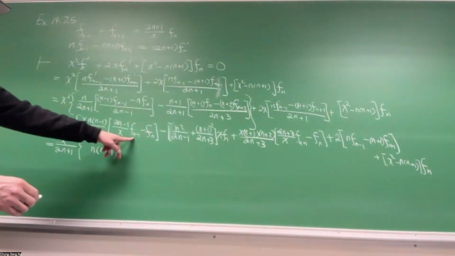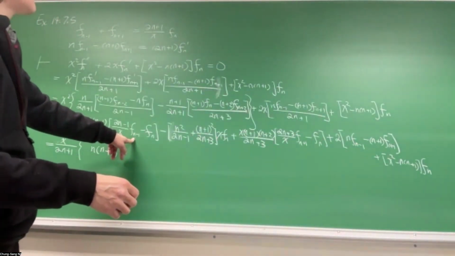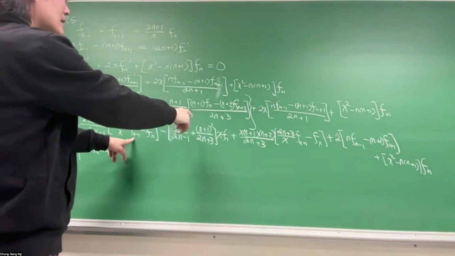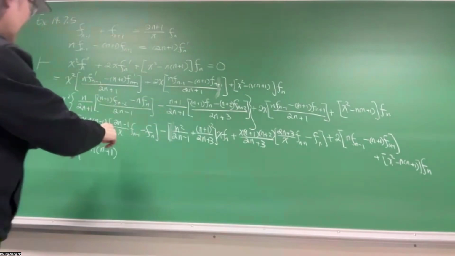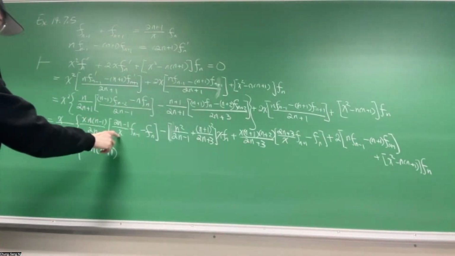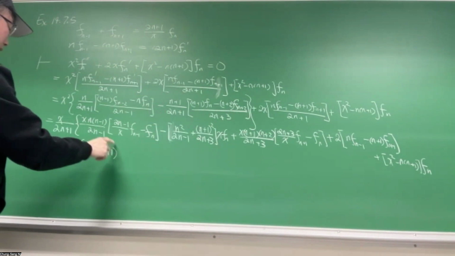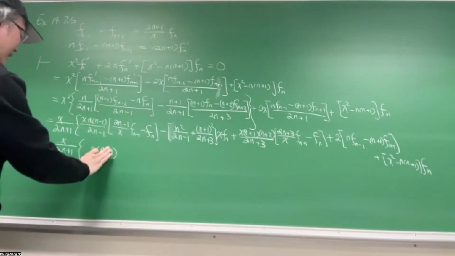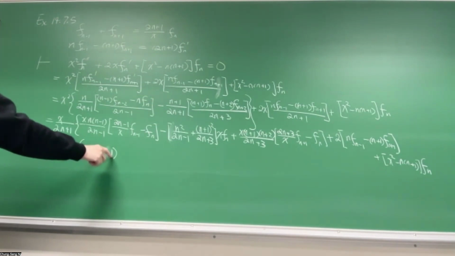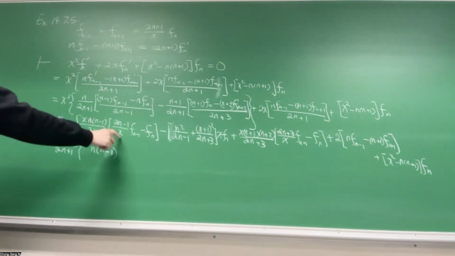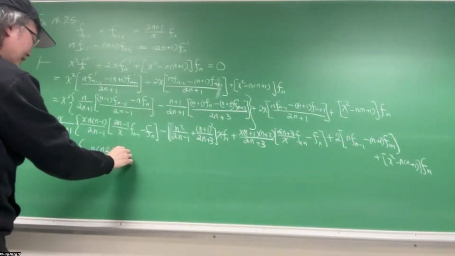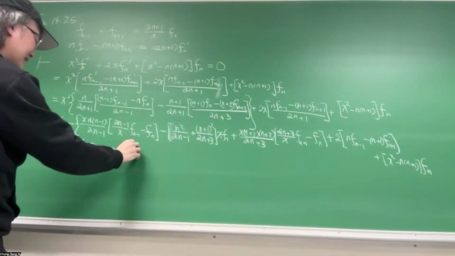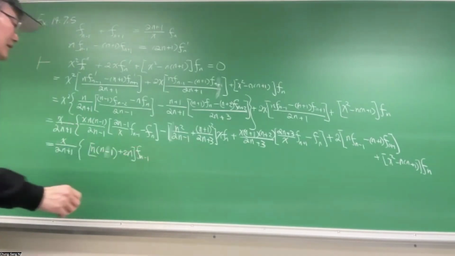Is it a plus? Right. I copied it wrong. Right? This n minus 1, right? N times n minus 1, right? This cancels, x cancels, and then plus 2n. Yeah, that's more like it. Plus 2n.